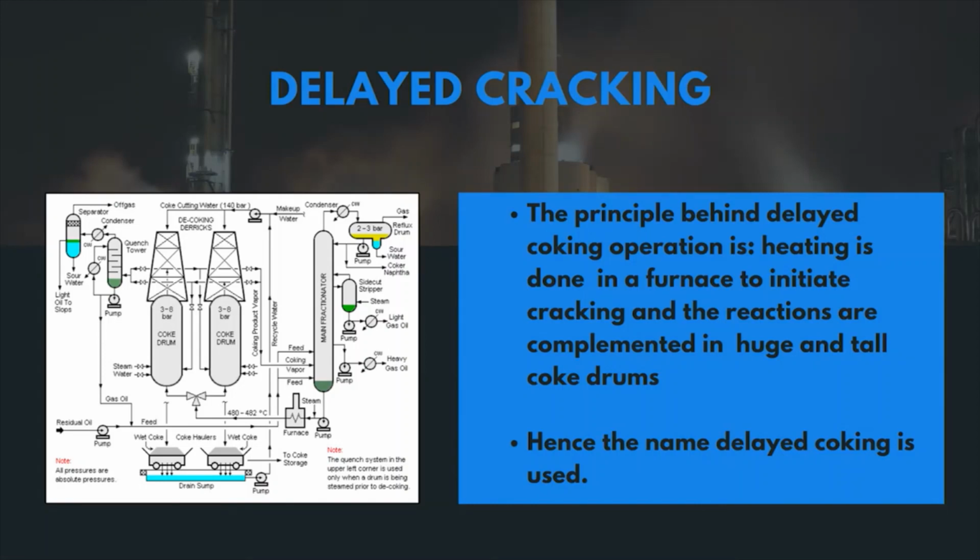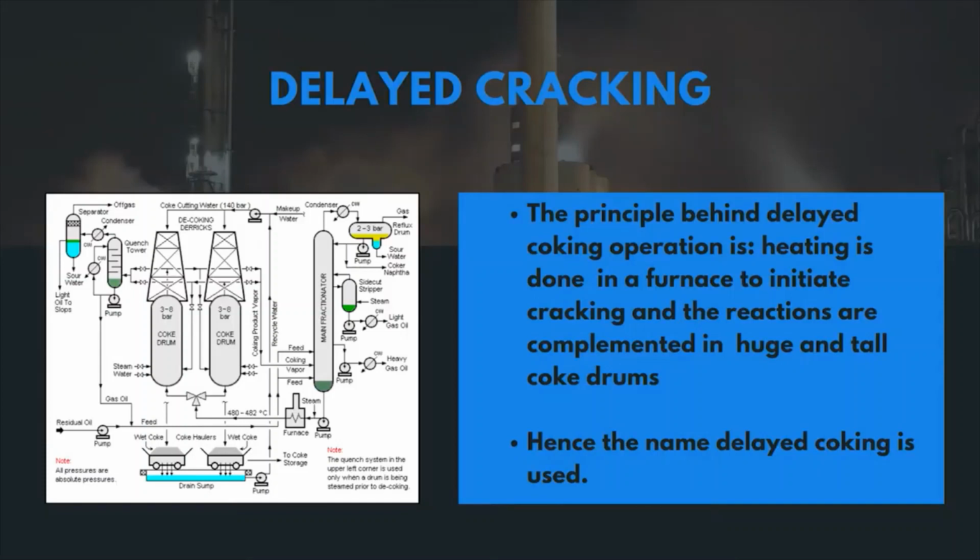We have a furnace where the residue is heated, and when the reactions are about to happen, it is taken into a large drum where the reactions happen, and then finally coke is produced. Hence, the unit is named delayed coking. So, actual coking is not happening in the furnace, it is happening in the coker drum.